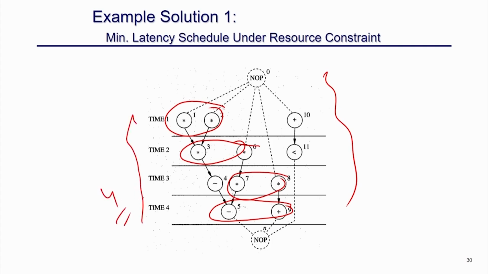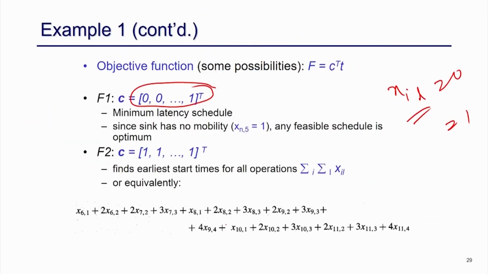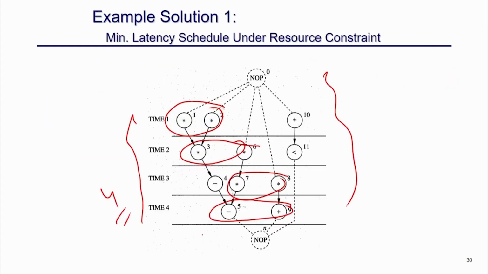So, if you just add these 3 constraints and give them to some solver, it will give you this solution, right. For this example, x 1 1 is 1, x 2 1 is 1, for this operation x 3 2 is 1, for this x 6 2 is 1, and for this operation x 5 4 is 1.